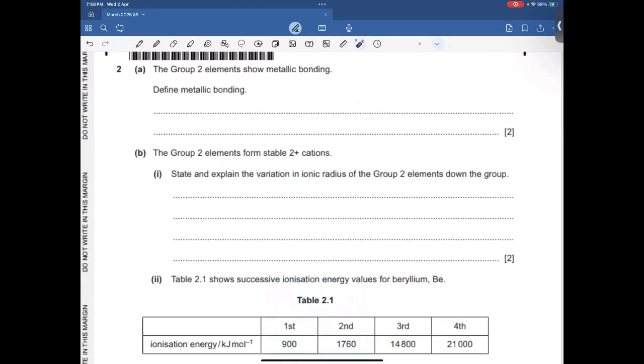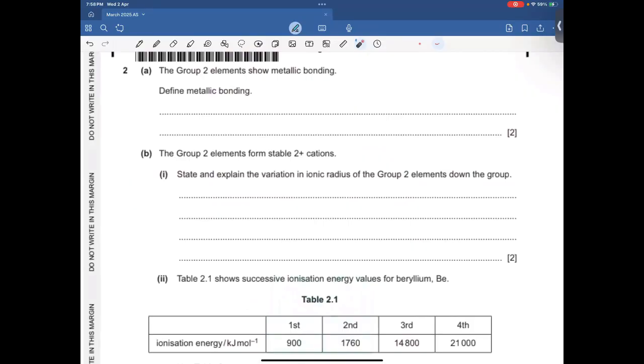Question number 2. All right, the group 2 element shows metallic bonding. Define metallic bonding. We have 2 marks for this part.